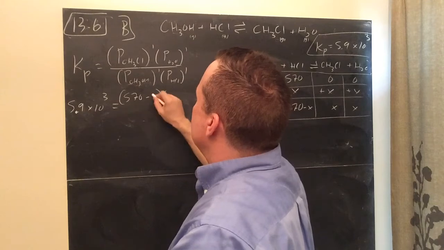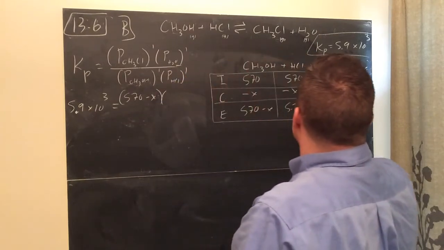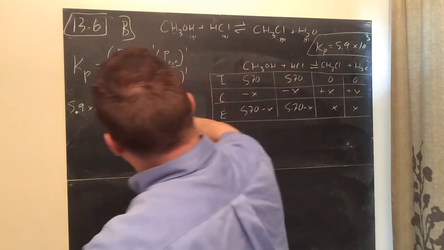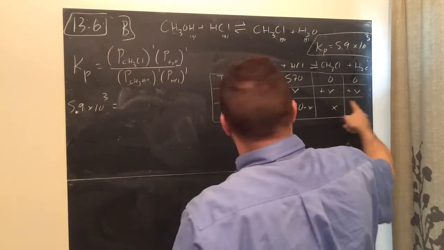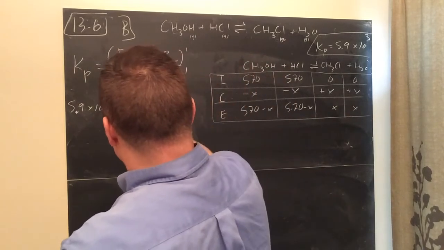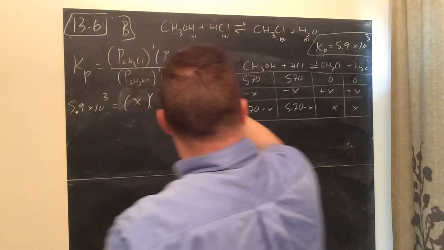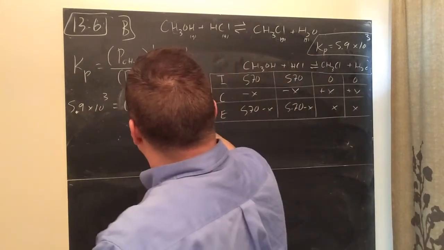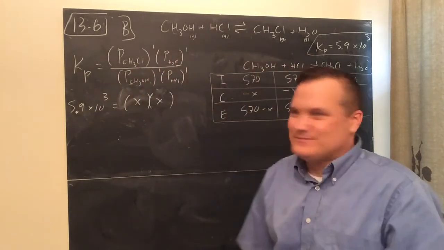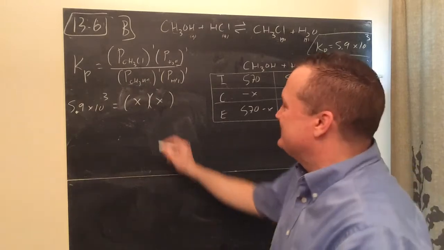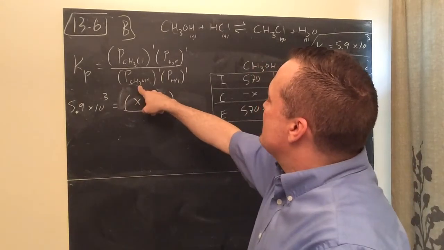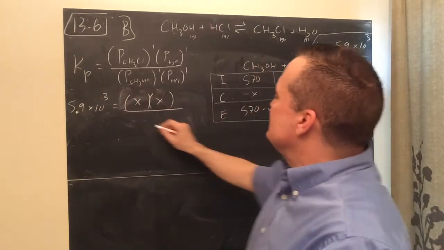Okay, my H2O pressure is all... I'm sorry. No. CH3Cl is x. H2O is x. So you love how I make these errors, but I caught myself really quick there. Okay. CH3OH on the bottom is 570 minus x.